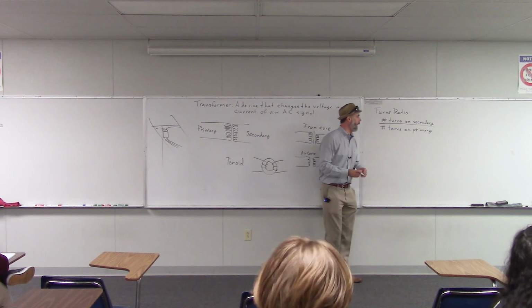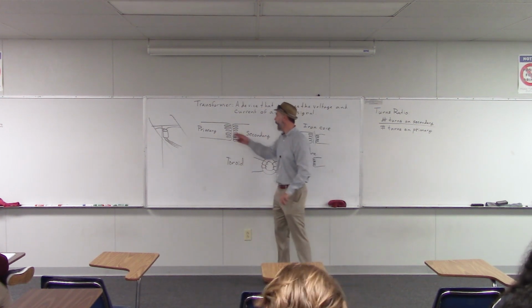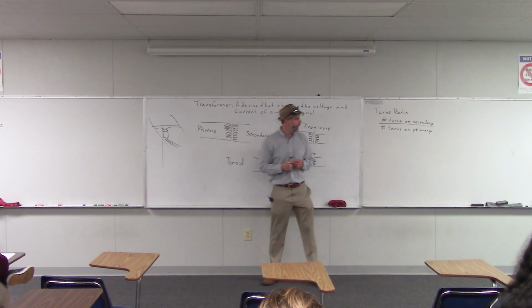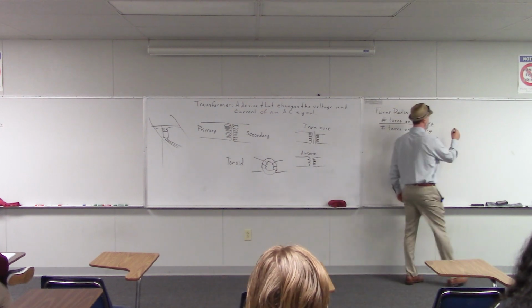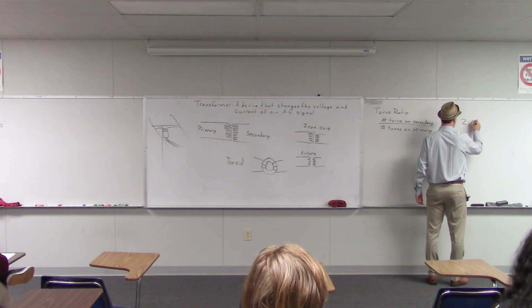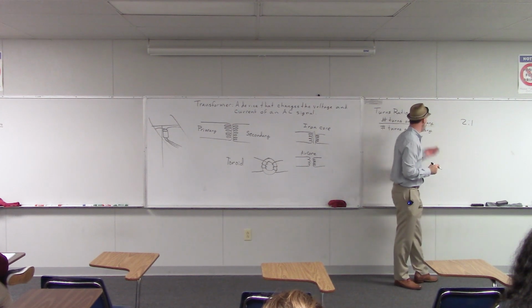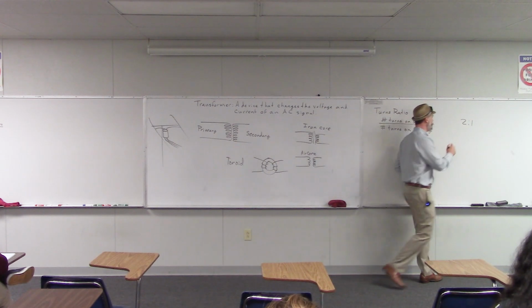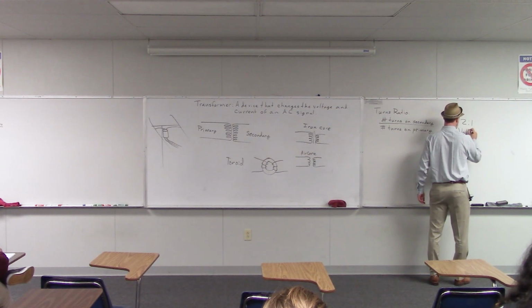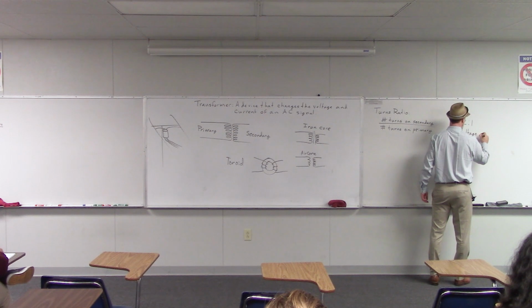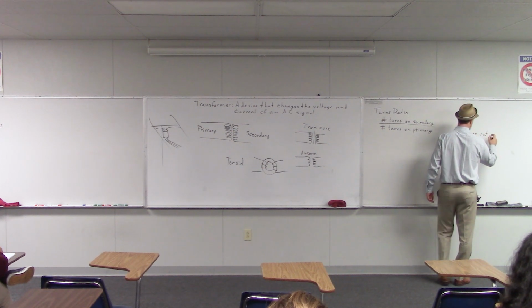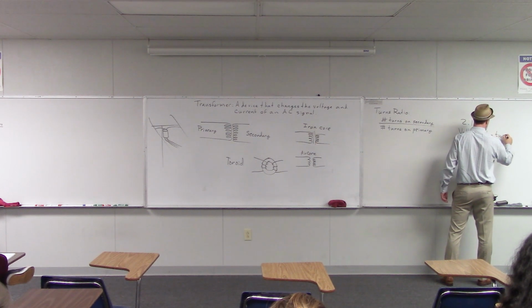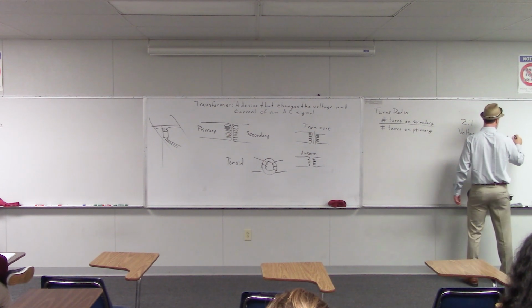The turns ratio actually determines how much the voltage changes. So say you have a 2-to-1 turns ratio, that means you have twice as many turns on the secondary as on the primary. The voltage out is twice as big as the voltage in.